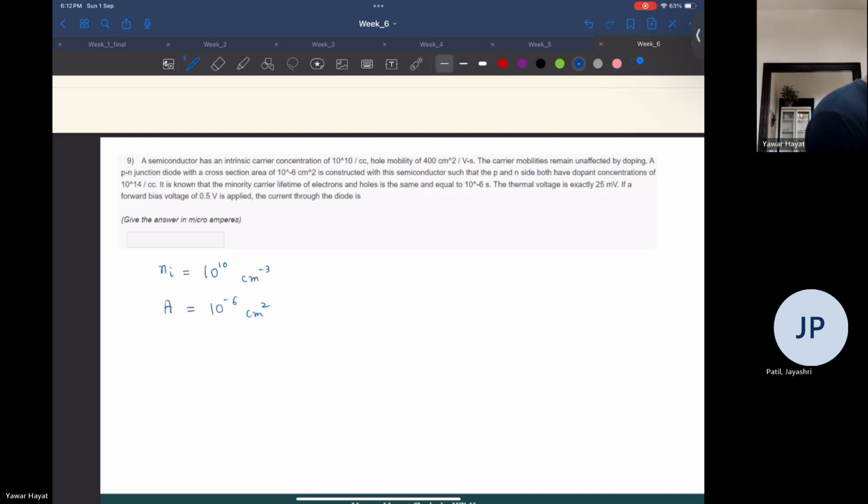Your hole mobility is 400 centimeter square per volt second. Your electron mobility is 1000 centimeter square per volt second.